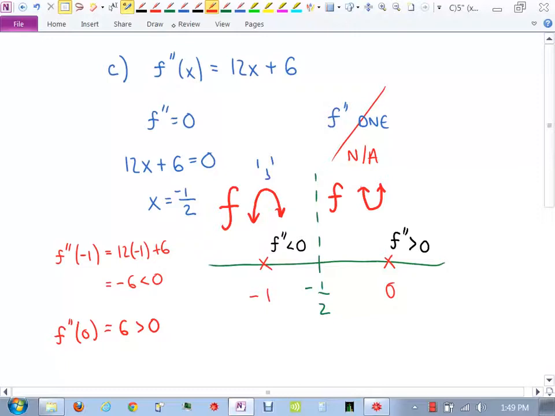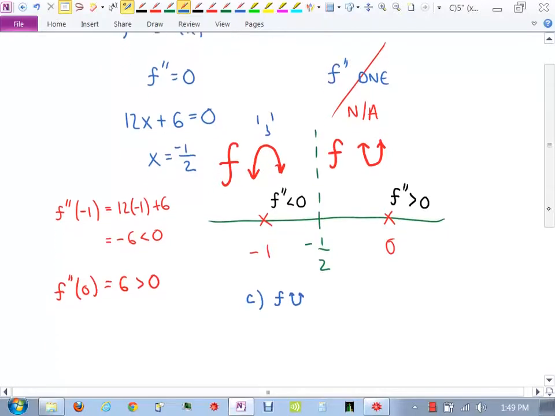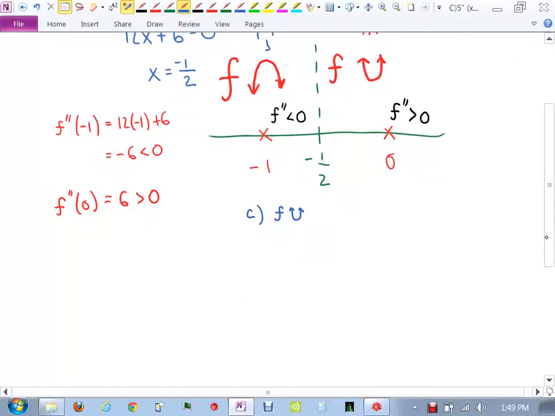So let's answer part C. Where is f concave up? I'm going to use that to mean concave up, everyone, instead of writing the words. Where does it start? Negative 1/2 to forever, right?